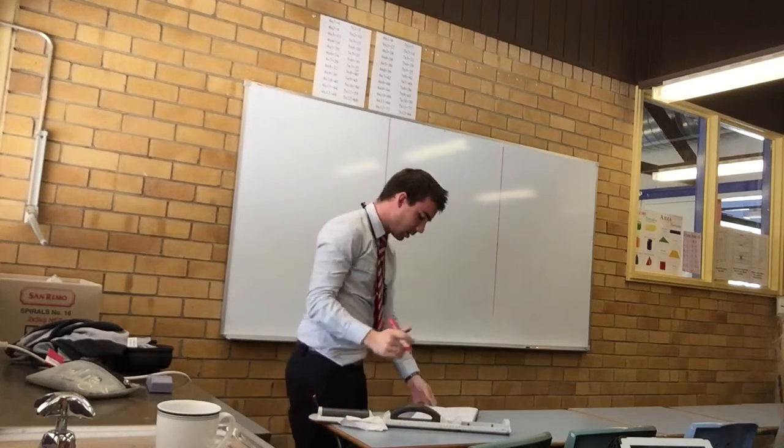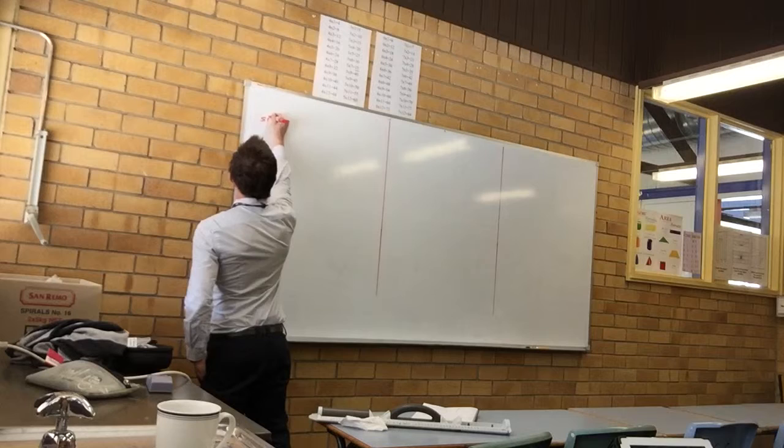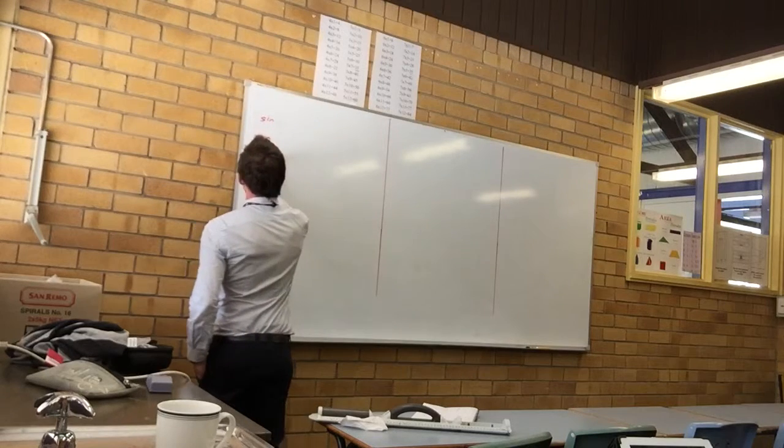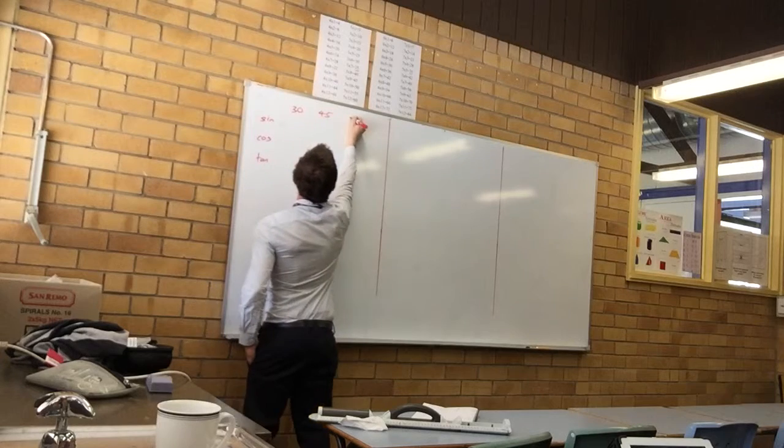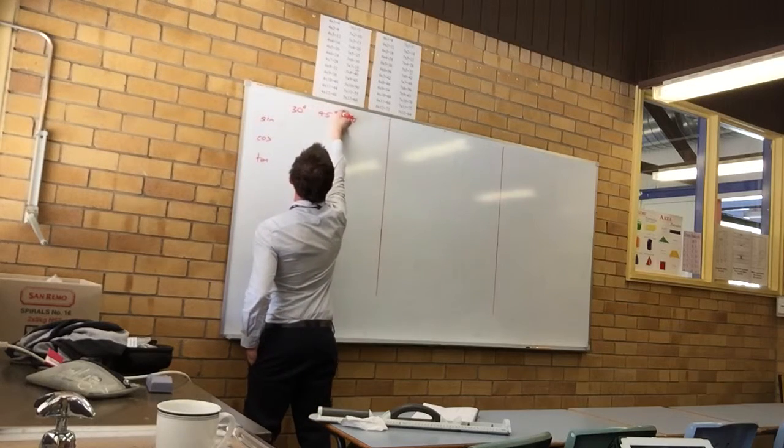So we are going to do a summary on cos, sine and tan of 30, 45 and 60.